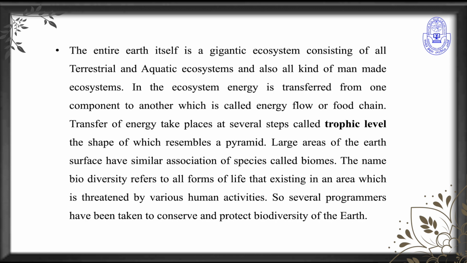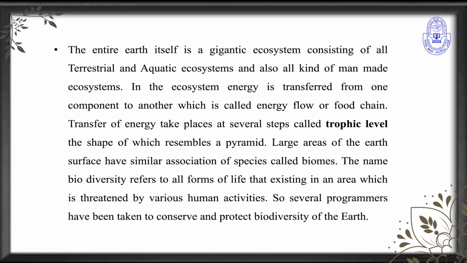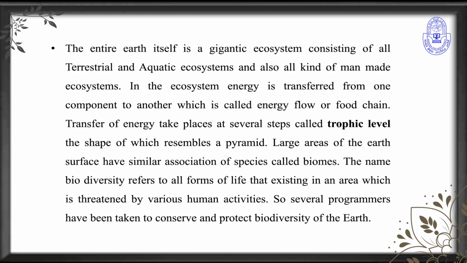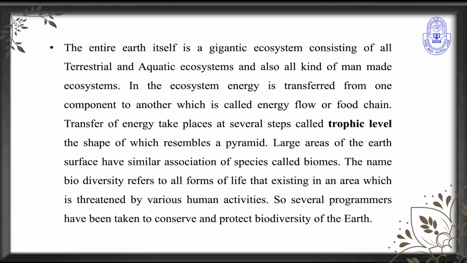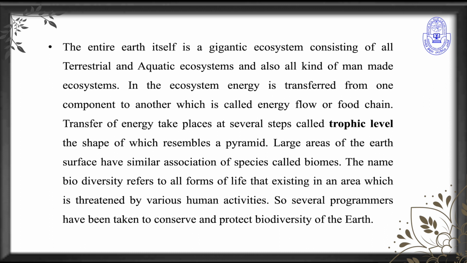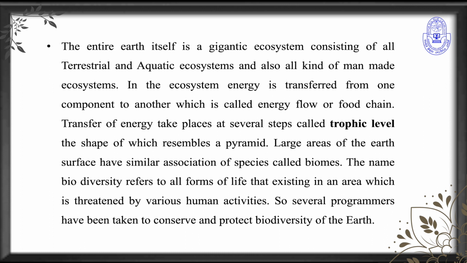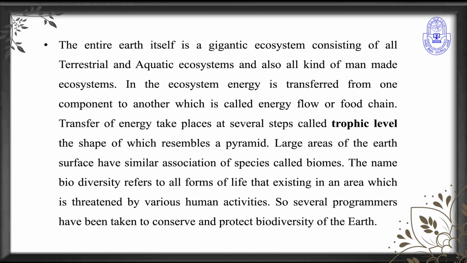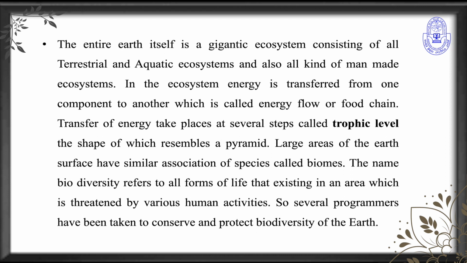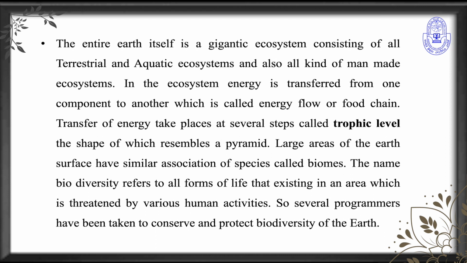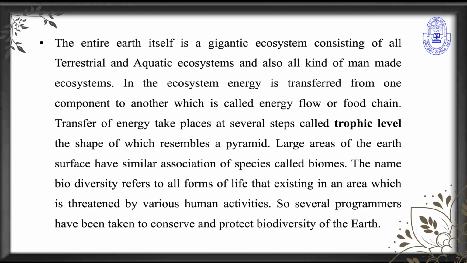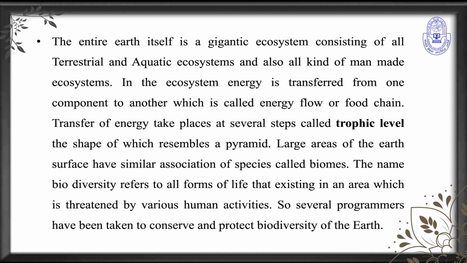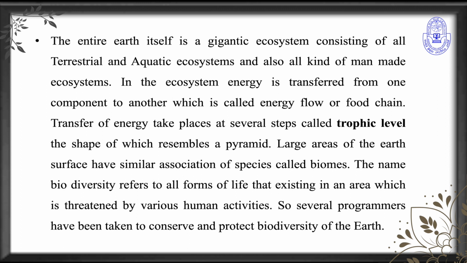The entire earth itself is a gigantic ecosystem consisting of all terrestrial and aquatic ecosystems and also all kinds of man-made ecosystems. In the ecosystem, energy is transferred from one component to another, which is called energy flow or food chain. Transfer of energy takes place at several steps called trophic levels, the shape of which resembles a pyramid.